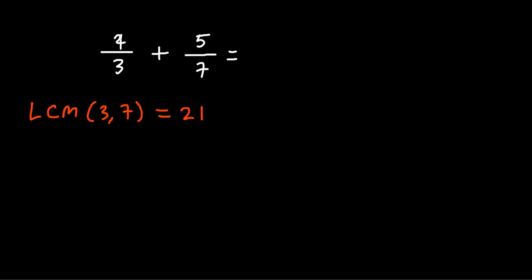And then you multiply each fraction by the number that would give you 21. So to get 21 for this fraction, we have to multiply both numbers by 7. So we do 2 times 7 divided by 3 times 7.